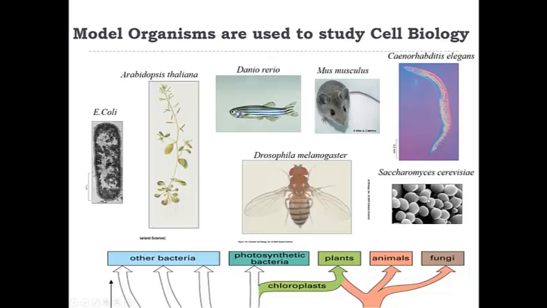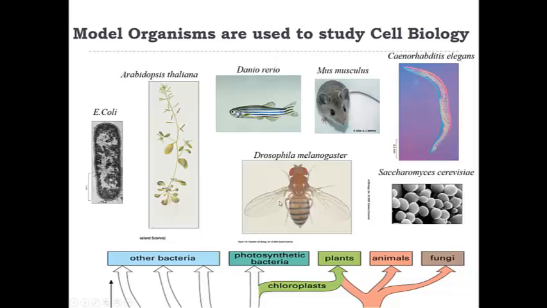On the unicellular level, we have yeast, which, like E. coli, are very simple and grow rapidly, but because they are eukaryotic, they're a form of fungi, so eukaryotic in their cell structure, their mechanisms and organization of the cell applies more closely to that of human cells.